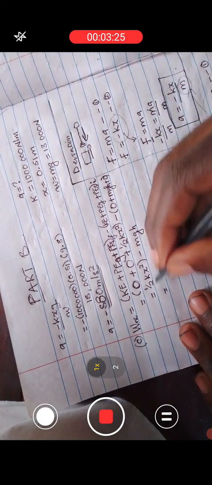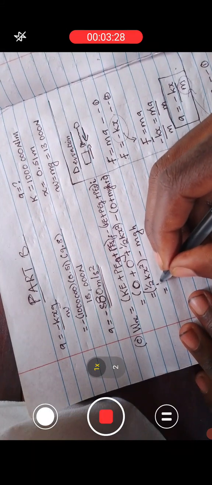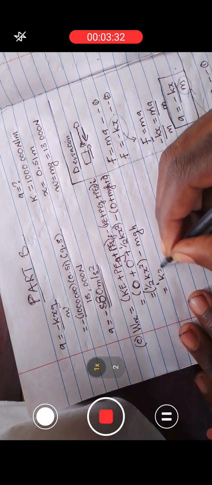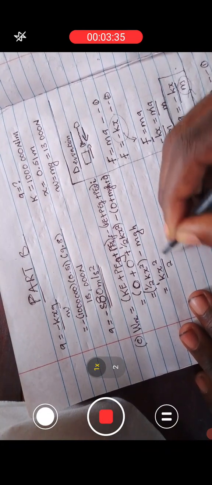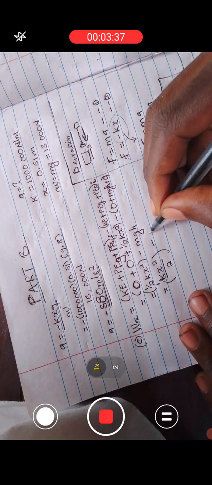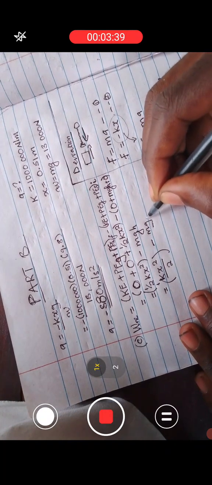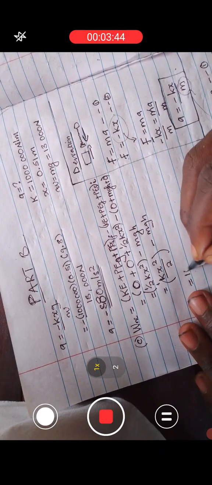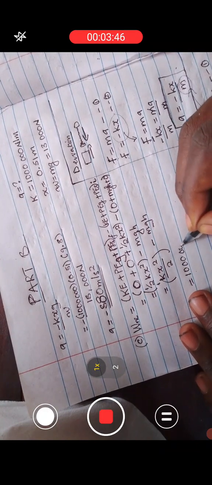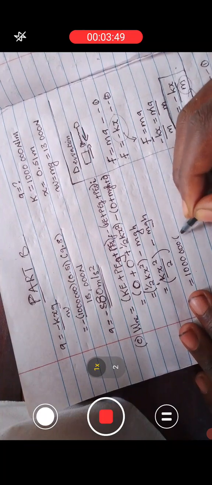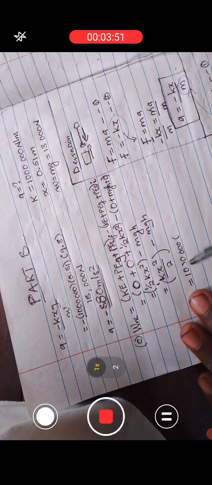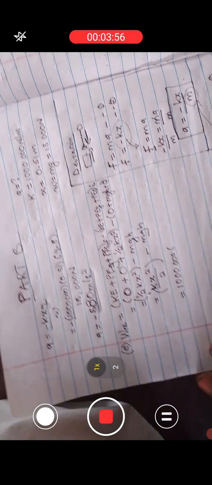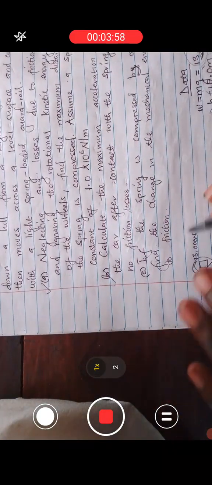Then here you have the values. You can say 1 times everything on top: kx squared over 2 to simplify things, minus mgh. The spring constant is 1 million, multiplied by the distance. We don't use the distance from the first equation; we use the distance they gave us.